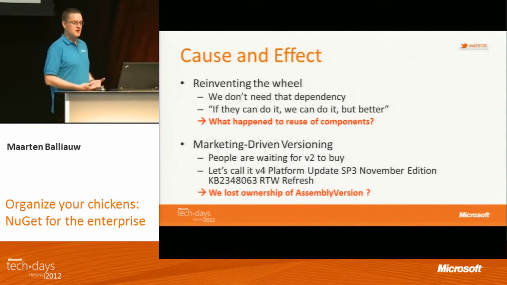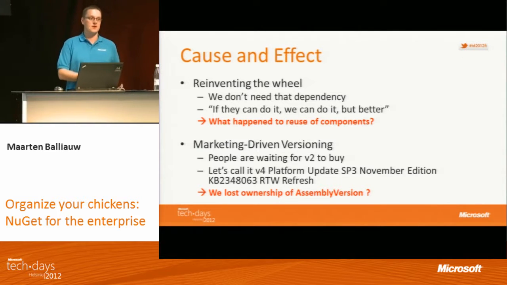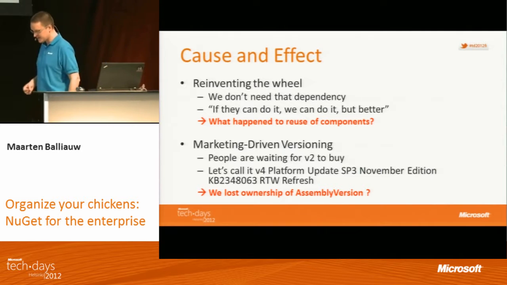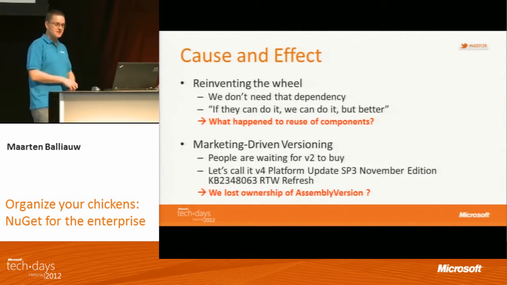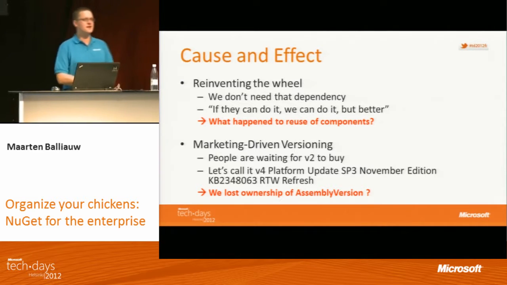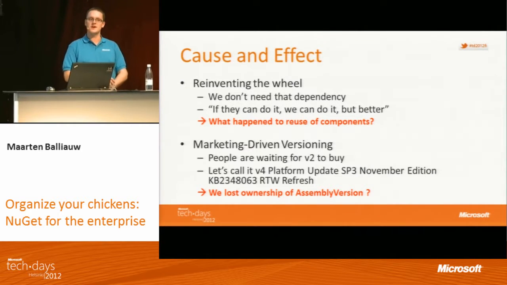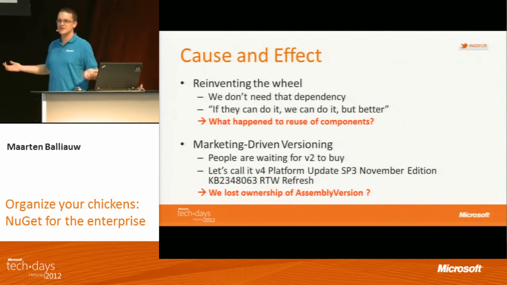NuGet is something that you can use to stimulate reuse of your components. Also, there's some marketing-driven versioning. Who has heard about the SQL Server Management Studio Express R2 November release? What kind of a version number is that?